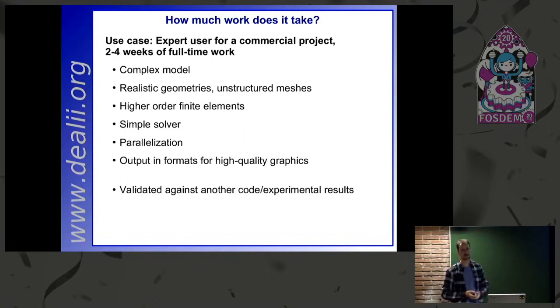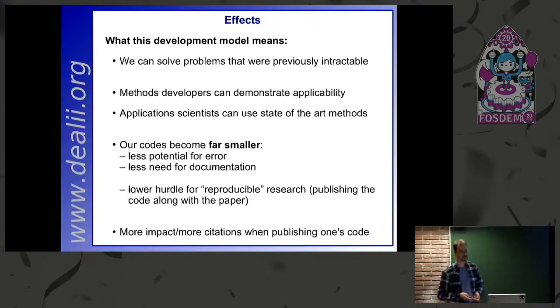So that took me about 2 weeks of full-time work. And it's validated against their in-house code. So it's not just some code that produces nice pictures, but it actually does the right thing, right? And the code has on the order of 800 lines. That's something that I can write in 2 weeks without too much trouble, right? So it's not that much work to produce something that is actually fairly complicated.